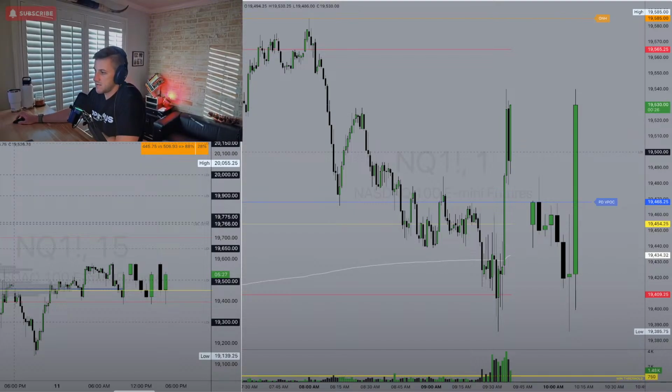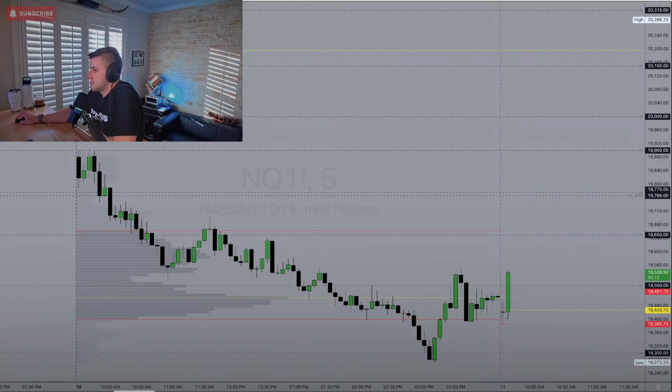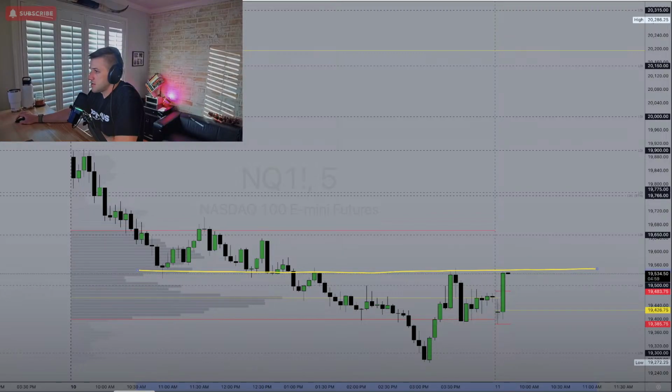Current session high is 540. Check out that 5-minute RTH. A little bit of prior day resistance right through here. Let's see what buyers have to say this morning.